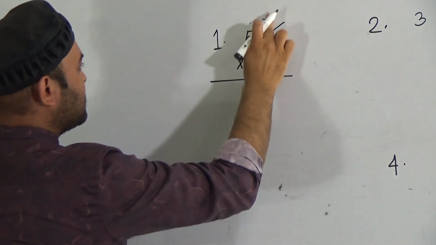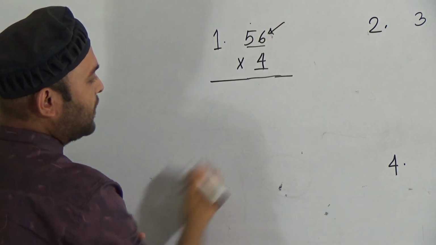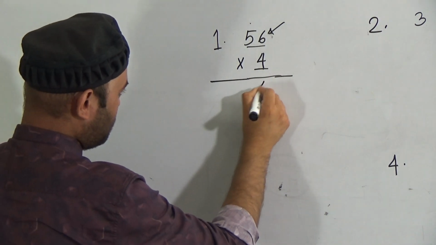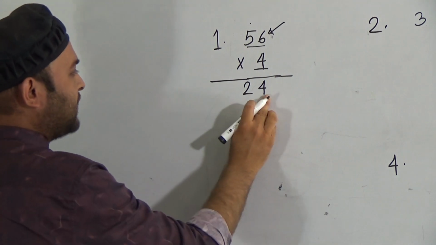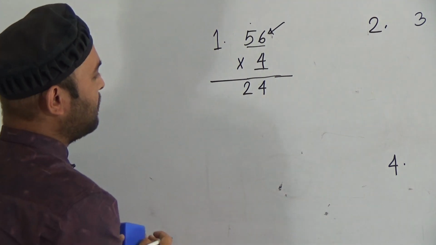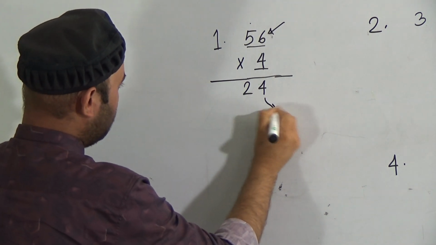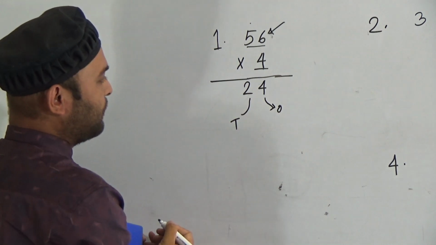That means 6 multiplied by 4. You know that, my dear students, 6 fours are 24. But here the answer is a 2-digit number, where 4 is the ones place value and 2 is the tens place value.